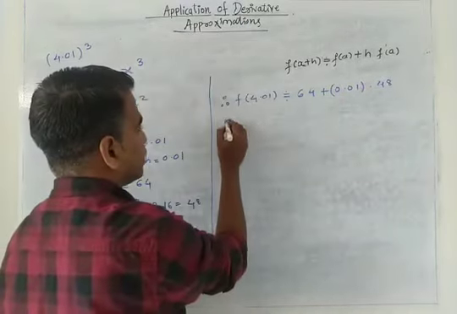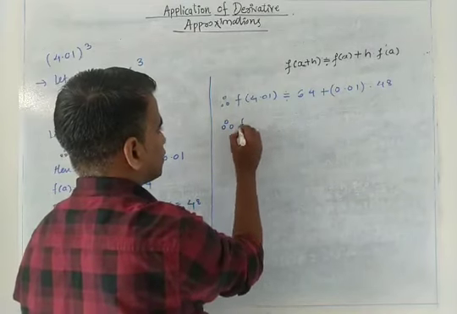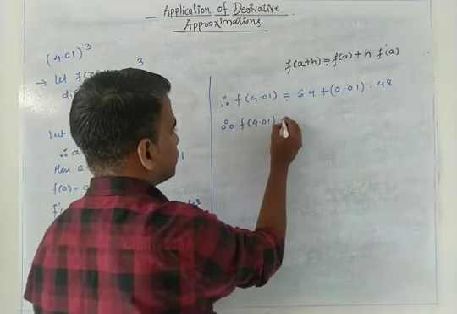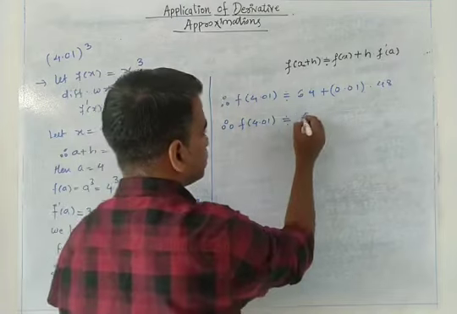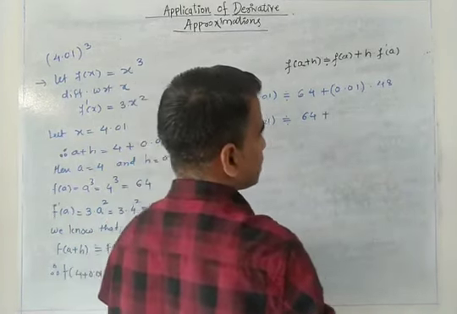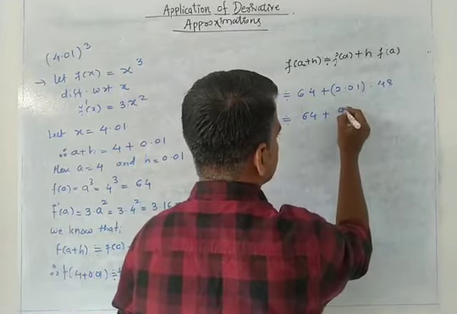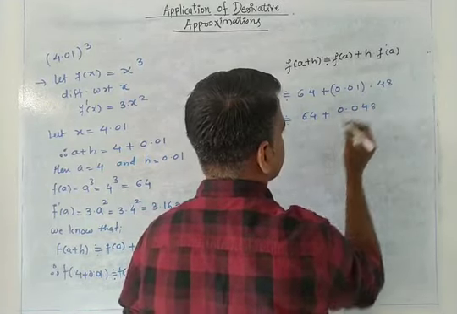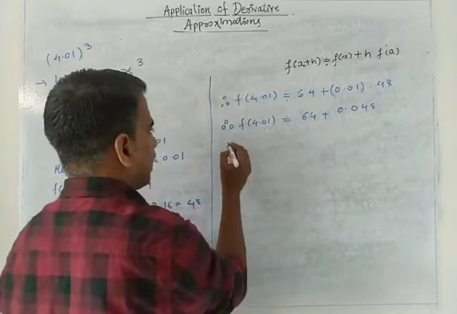Okay, so therefore f of 4.01 is approximately equal to 64 plus 0.01 into 48. So what is the multiplication? 0.048. Okay, and now add it.